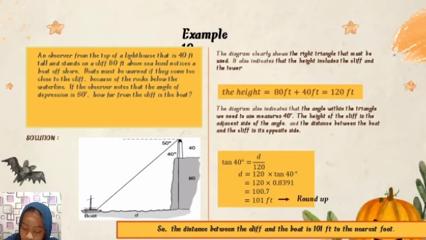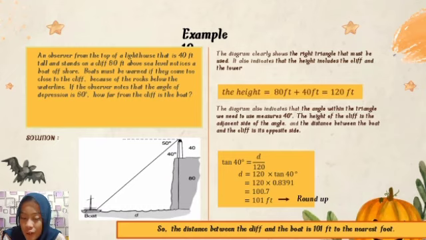If the observer notes that the angle of depression is 50 degrees, how far from the cliff is the boat?